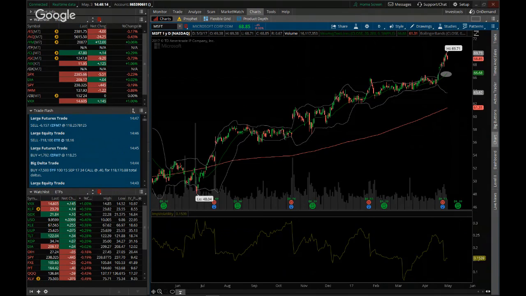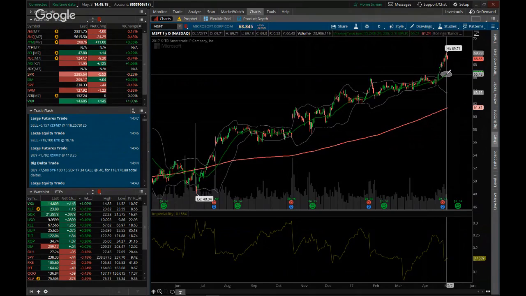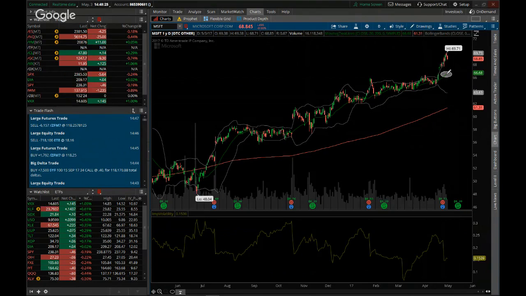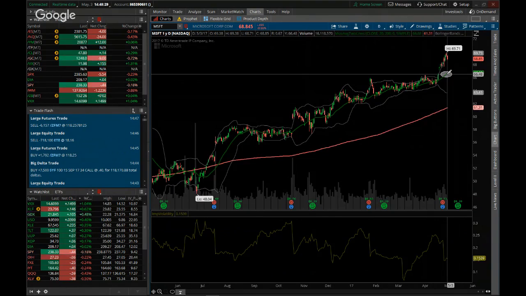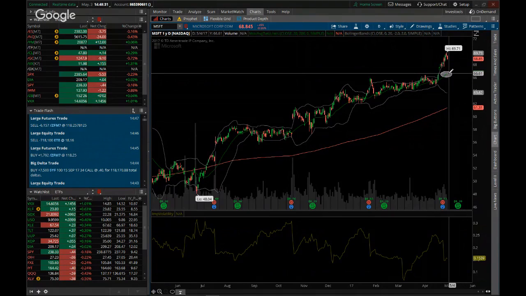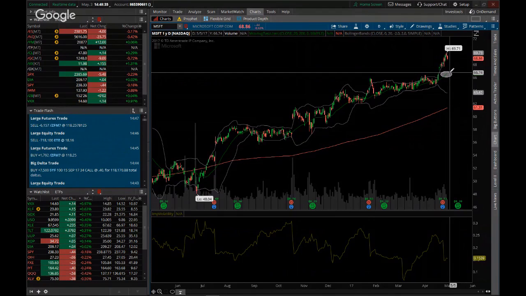Now, one key here is if you want the order to repeat itself every single day, then you're going to want to select what's called good till canceled. There's two main ways that you can tell a platform to hold your order. You can say, I would like it for 66.70 and only today. If for some reason it comes down today, that's the only time I want it.